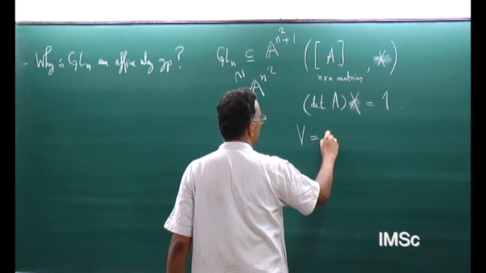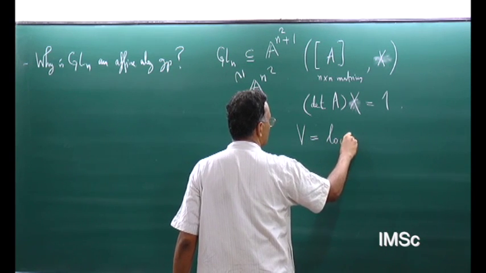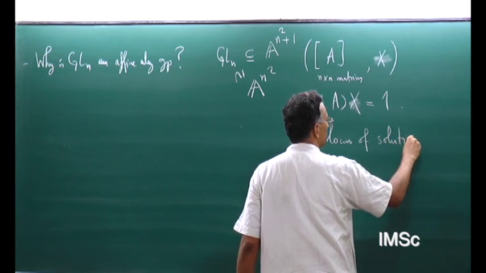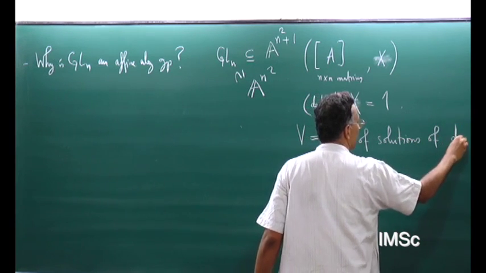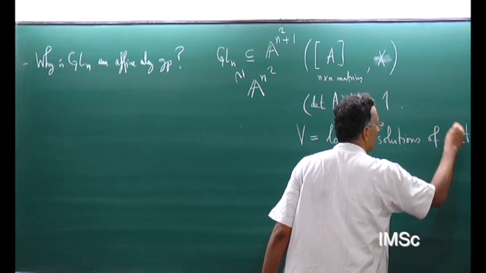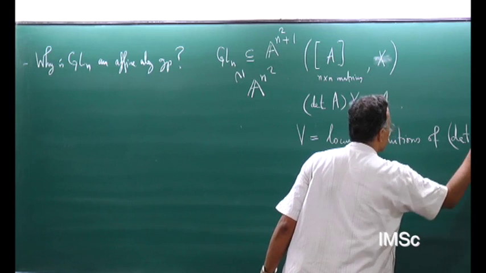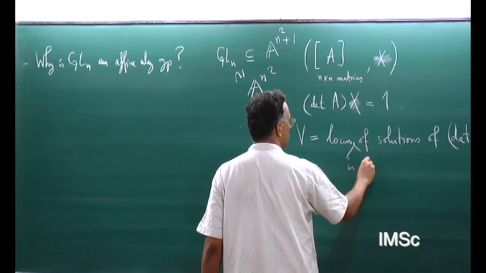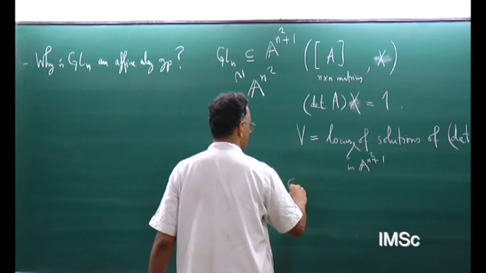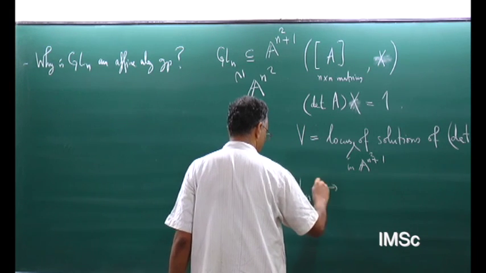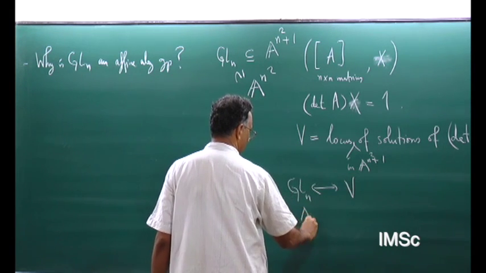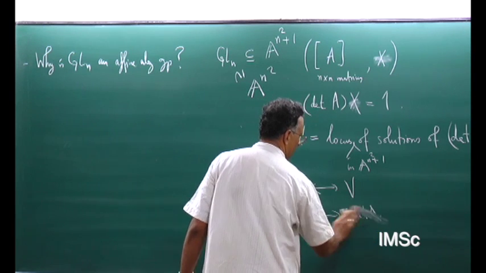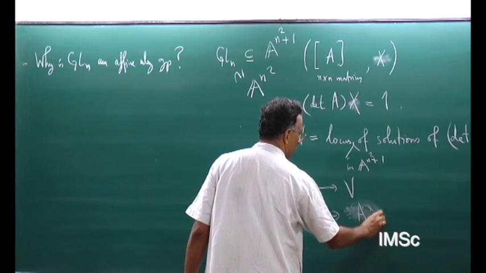V is equal to the locus of solutions of determinant A times X equal to 1, locus in A^(n square plus 1), and then I have a map from GLN. This I claim is a bijection. So A goes to A comma det A inverse.